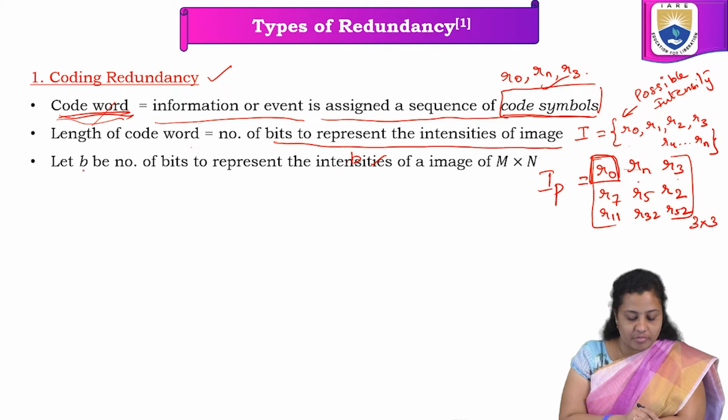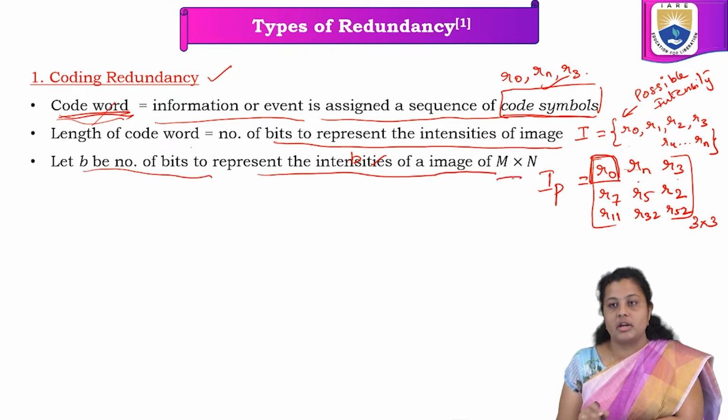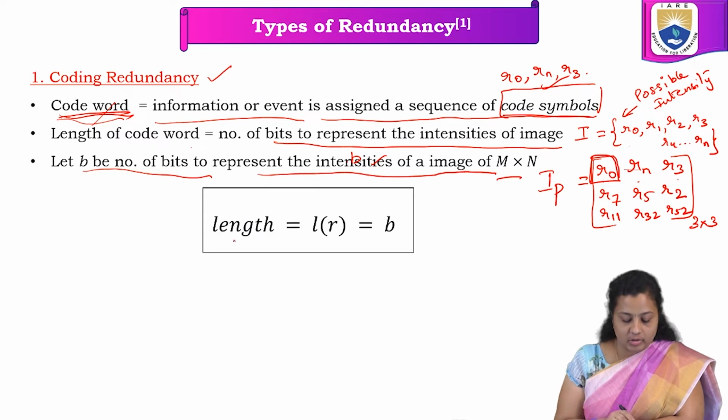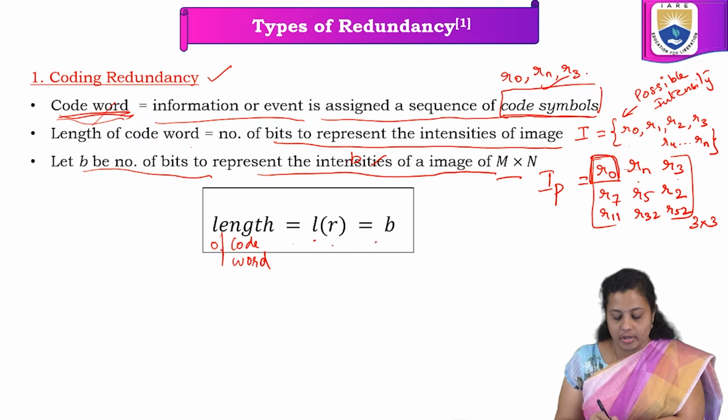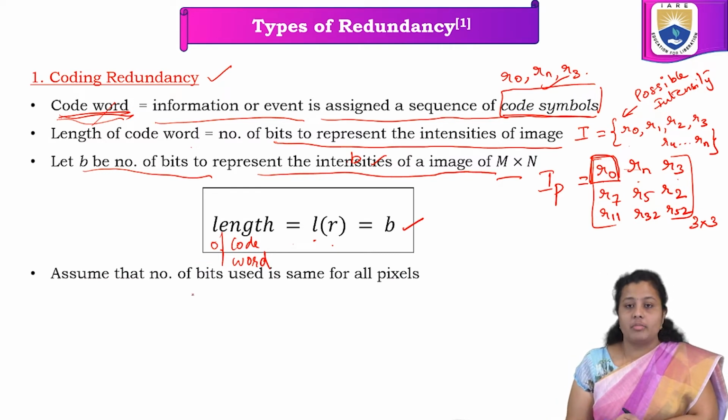So if B is the number of bits to represent the intensity values of an image of size m cross n, then the length of the code word is represented by L of R, which is B.